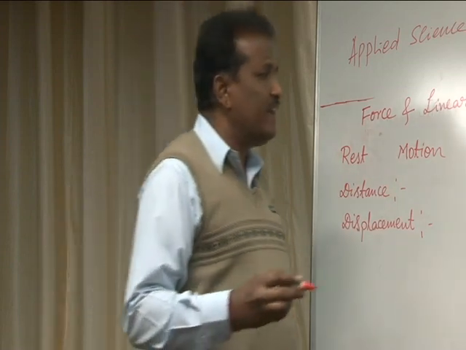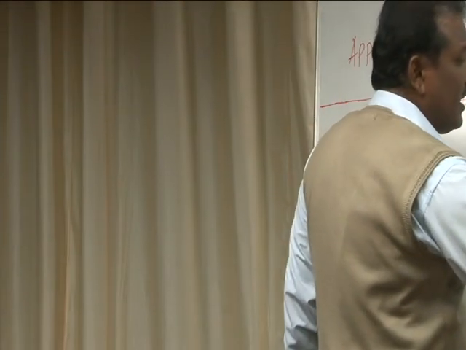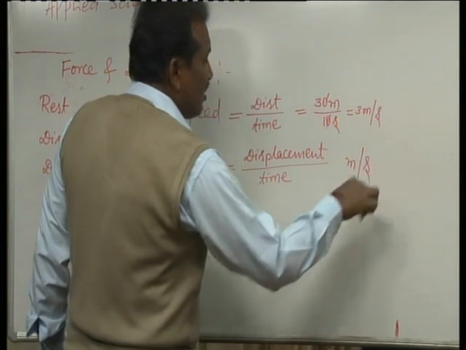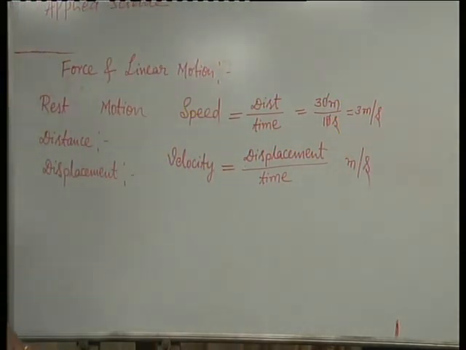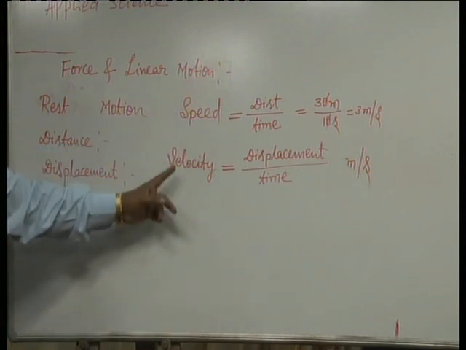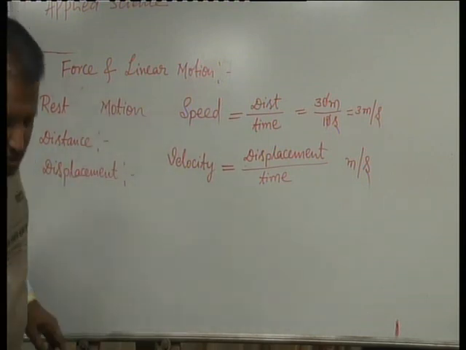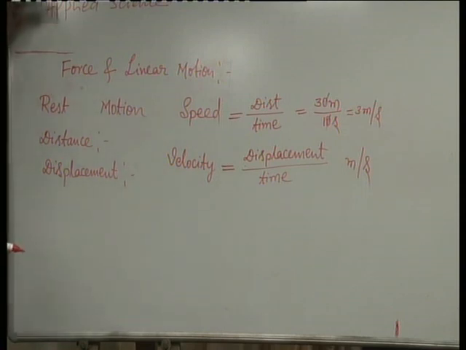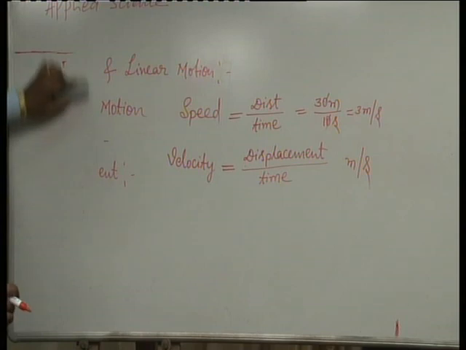Once again, the SI unit and the dimensional equation of velocity are one and the same as those of speed. So, speed is a scalar, velocity is a vector. Just remember that rate of change of displacement is termed velocity.